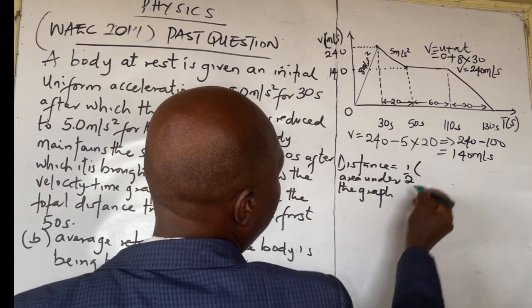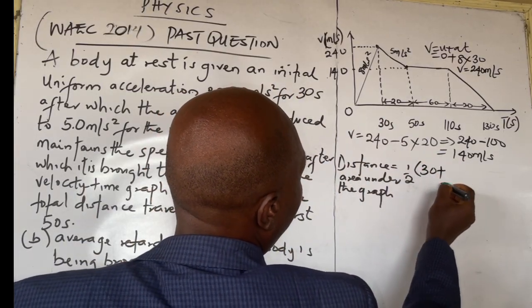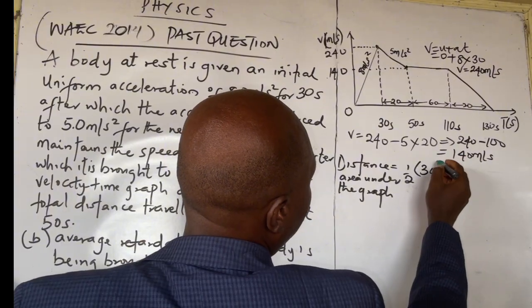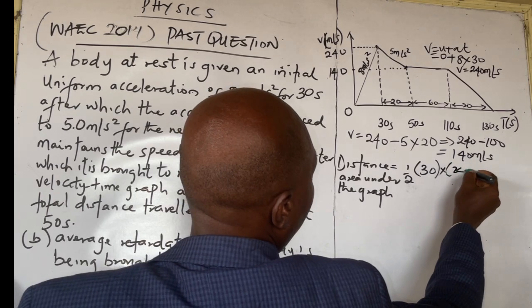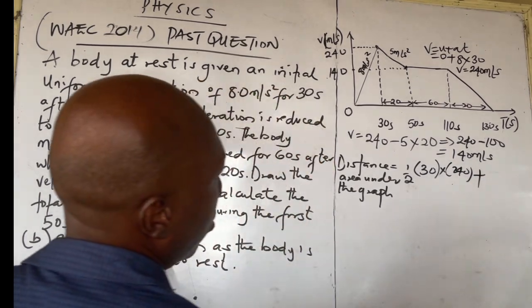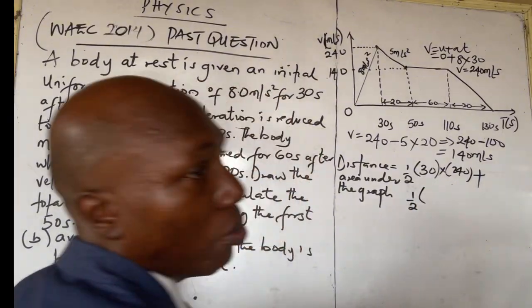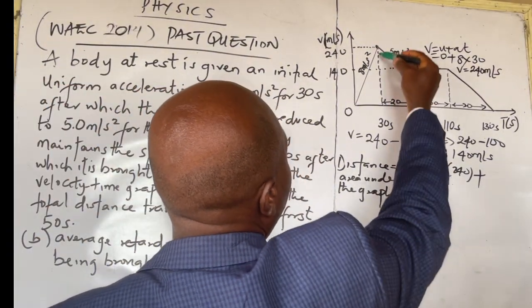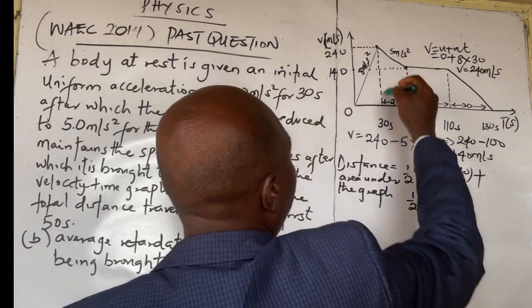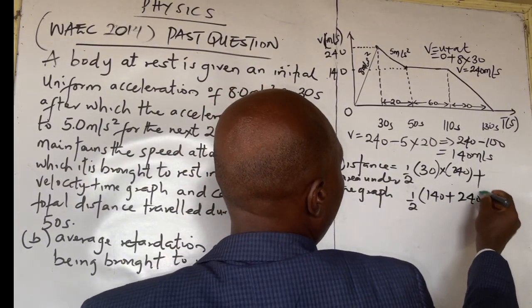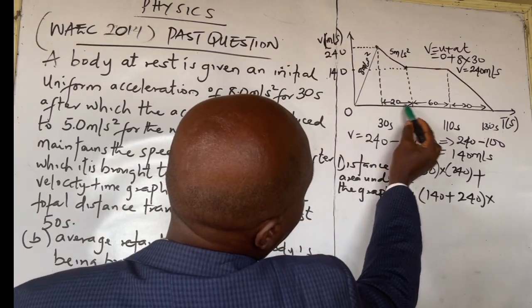Area of triangle is half base times height. So the base of this triangle is 30, half times 30, times the height, 240, plus half the area of trapezium, half into bracket A plus B times H. That means A here is 140, B here is 240, and our height is 20.